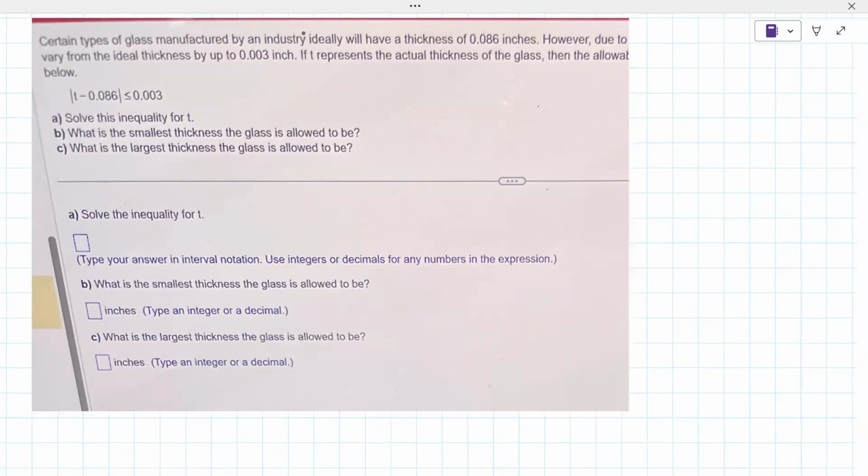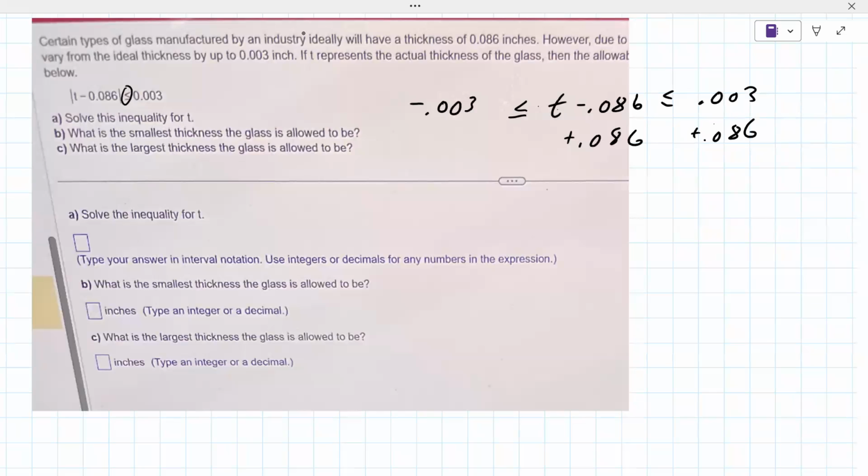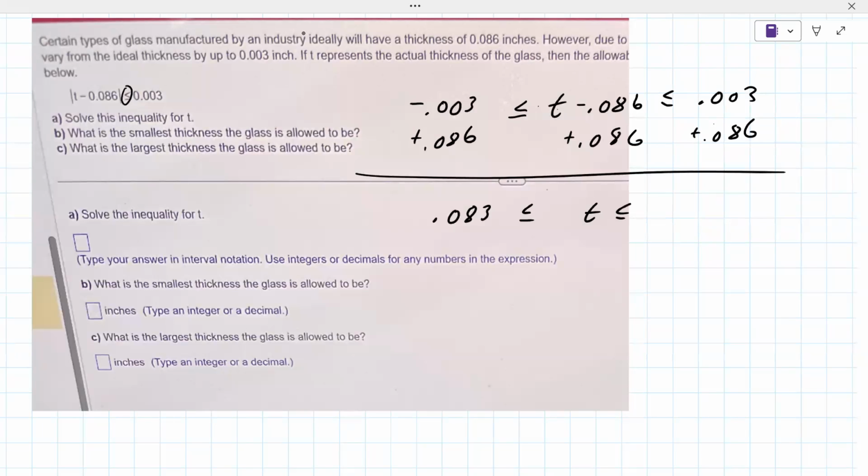To solve the inequality, because it's a less than or equal to, it's a between. So it's negative 0.003 less than or equal to t minus 0.086, less than or equal to positive 0.003. And then you add 0.086 to everything. So 0.083 less than or equal to t, less than or equal to 0.089, like that.